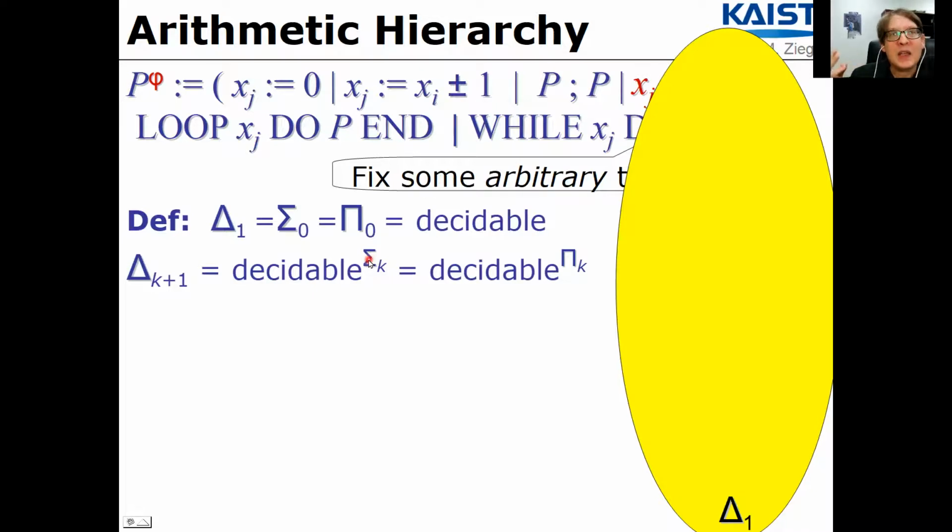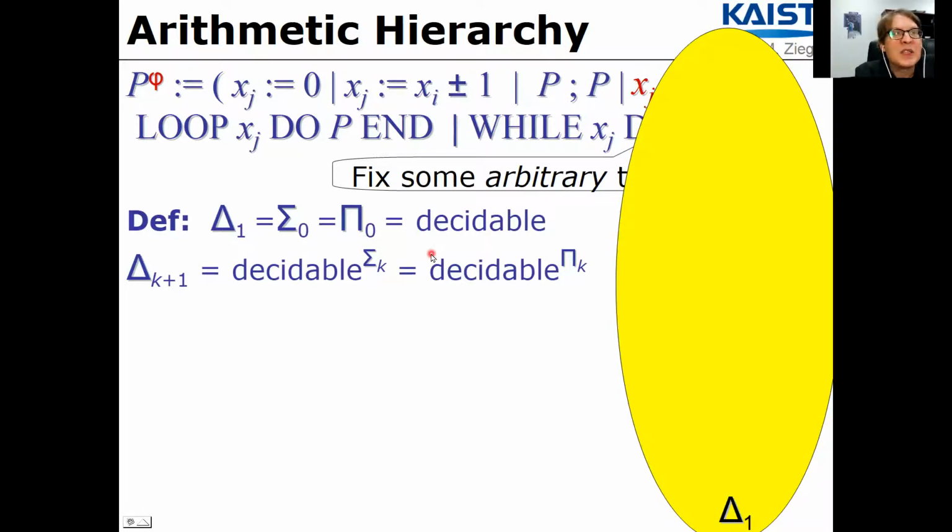Remember, any decidable Oracle can be replaced by an actual while program without needing any Oracle access, and therefore doesn't increase the power, and therefore this is still only decidable. So it's still delta 0 plus 1. So that means this definition is consistent with the induction start that we already have. And same here for pi 0, decidable with Oracle access to pi 0, but pi 0 is the same as sigma 1.